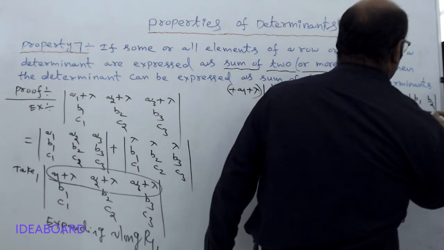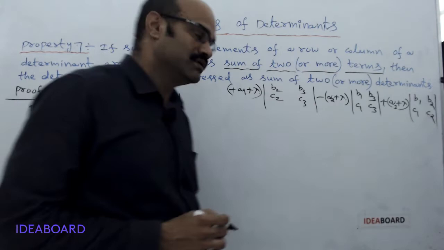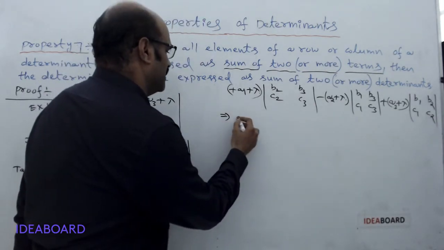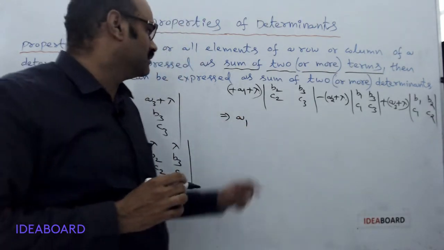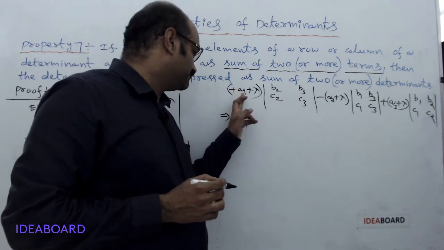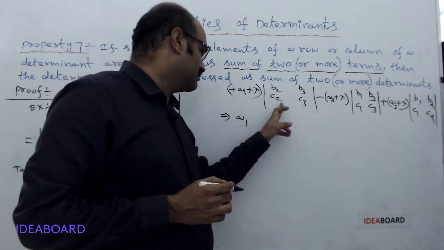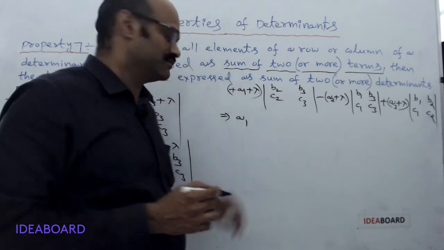B1, B2, C1, C2. So that implies we are having A1 into... now I take A1 into this one plus lambda into this one.